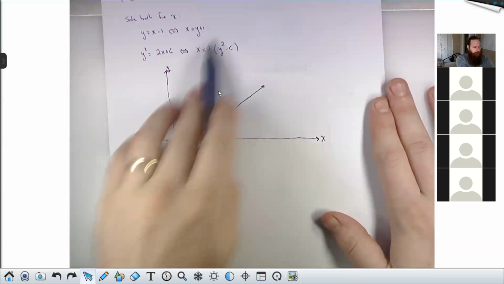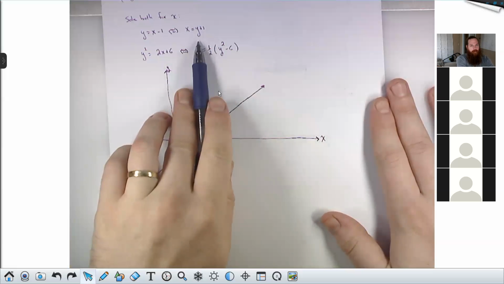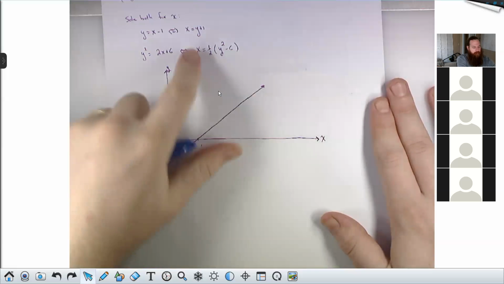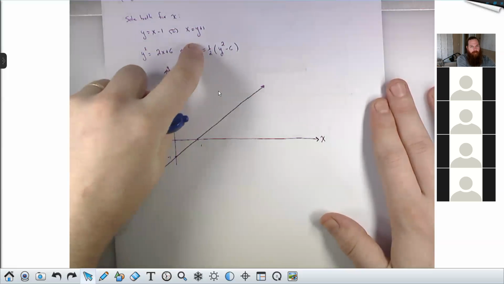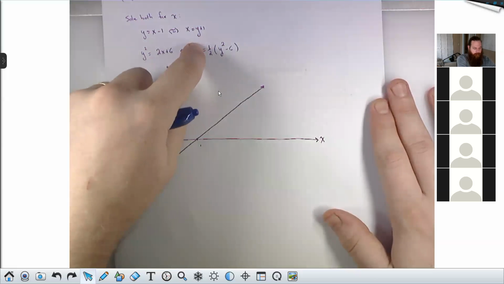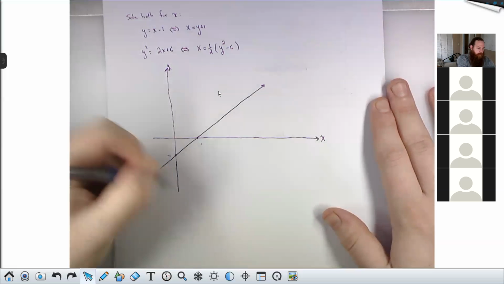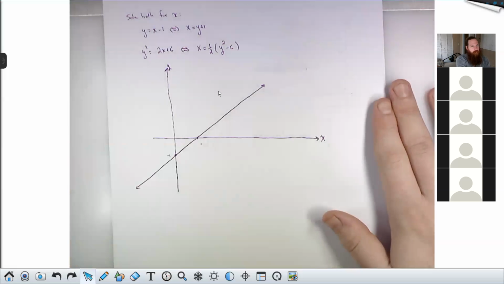This one's a little tougher. You can look for the y-intercepts by asking where x is equal to 0. If I plug in x equals 0, then y will satisfy y squared equals 6, so y is plus or minus the square root of 6. How big is root 6? Well, root 4 is 2, so root 5 should be a little bit bigger than 2.